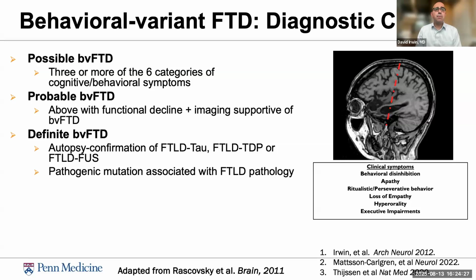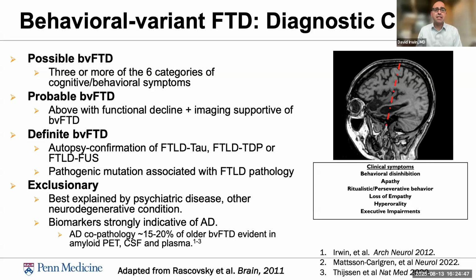And then definitive behavioral variant FTD, as mentioned before, to be completely definitive would require either autopsy confirmation of the specific brain pathologies listed here, or in the subset of patients who have familial disease, detection of a pathogenic variant.